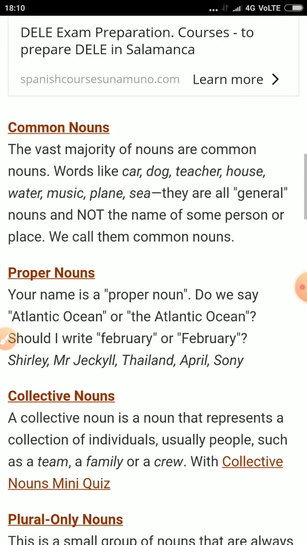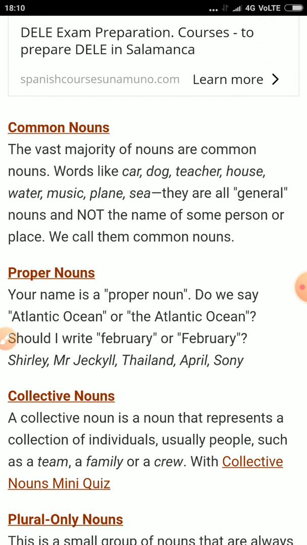Now we come to the next point, the proper noun. What is a proper noun? Any object, any person, any place, any position which is specific with a name, like the name of a person, place, river, mountain, girl, or boy, is called a proper noun.